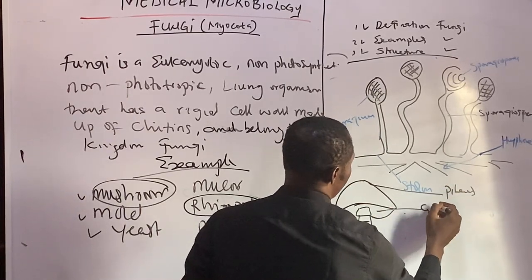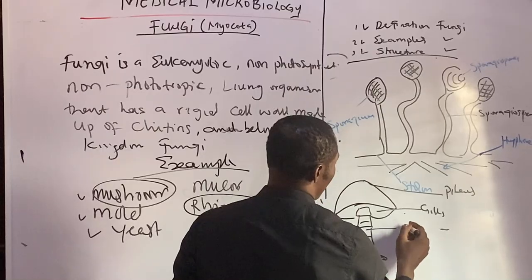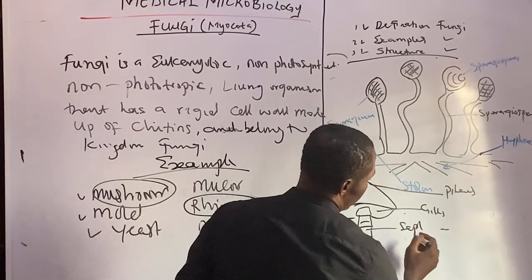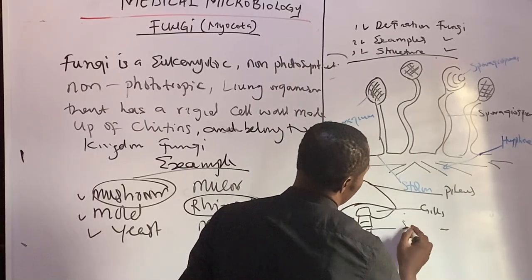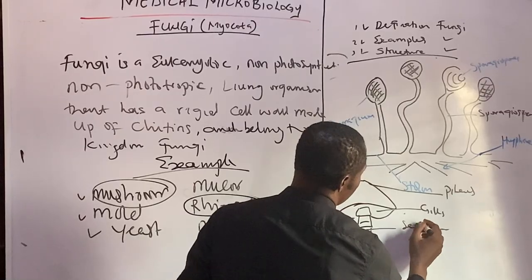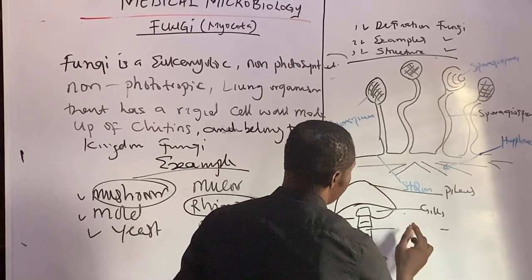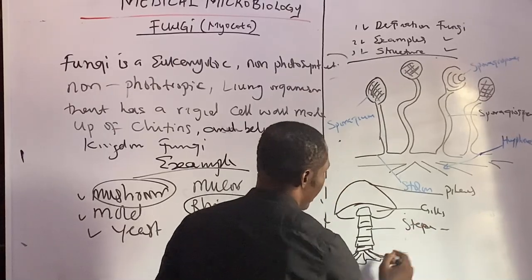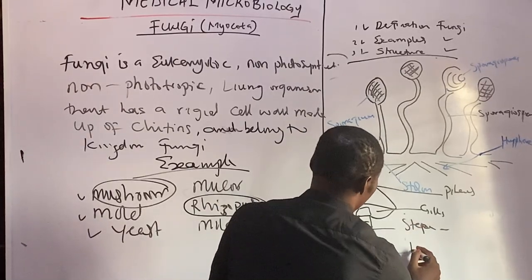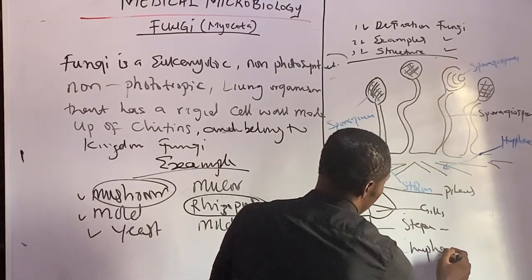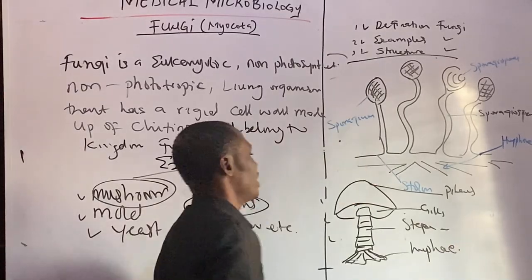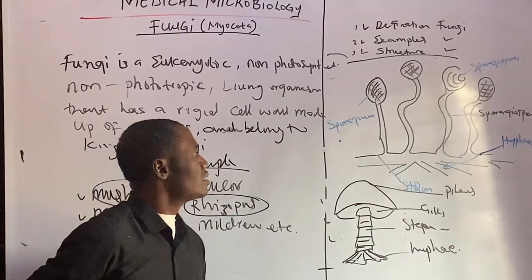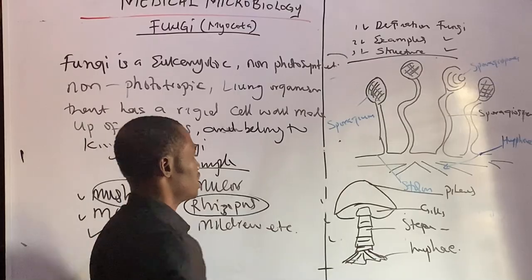Over here is the gills. Over here is the septa. This stipe. Over here is the hyphen. All right. Now, these are the labels of the mushroom. This is a mushroom.